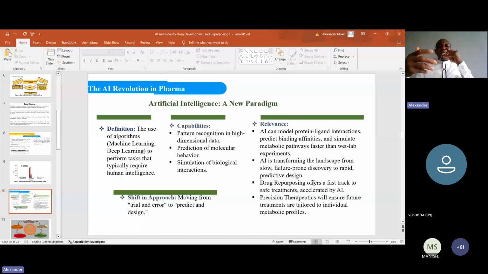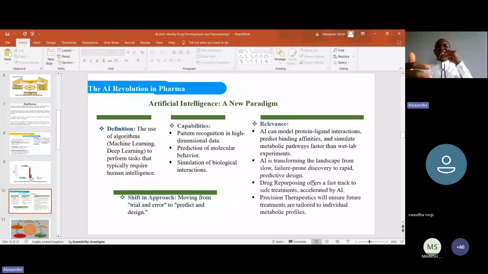Now, the AI revolution in the pharmacology industry, what do we see? AI is simply the use of algorithms, that is deep machine learning, to perform tasks that typically require human intelligence. Its capabilities can be seen because it can recognize patterns in high dimensional data. It can predict molecular behavior of compounds and of targets.